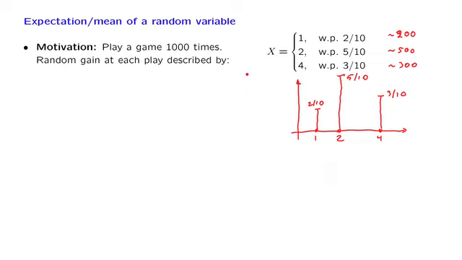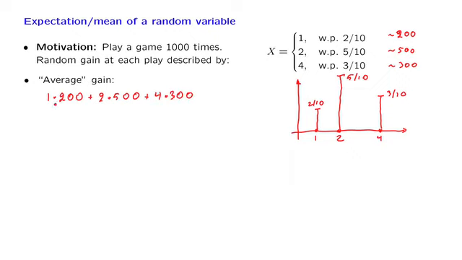So your average gain is expected to be your total gain, which is 1 times 200 plus 2 times 500 plus 4 times 300.